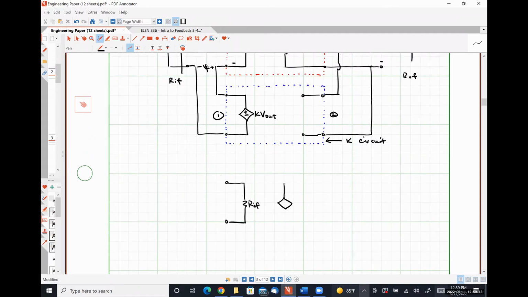If we look into the output terminals, we see AF times Vs, and then we're going to have ROF, like so. I'm going to draw my purple box around this, to illustrate that it's a blend of the two things that we have above it.